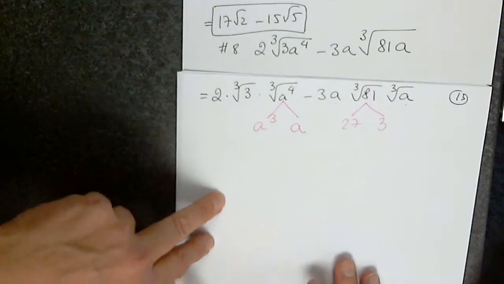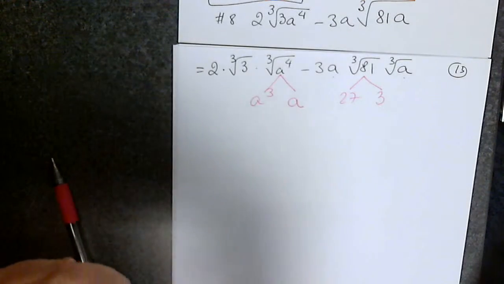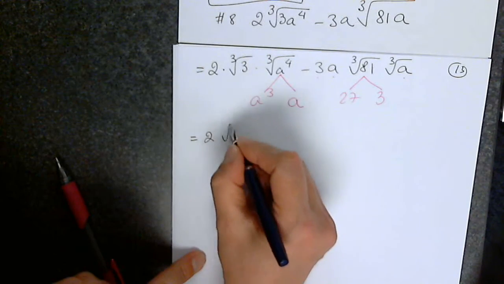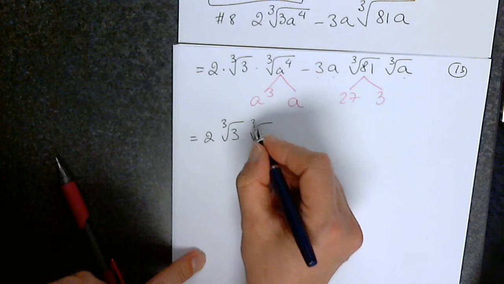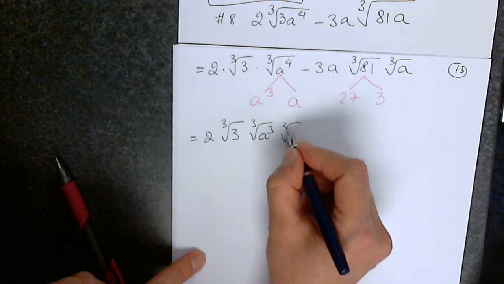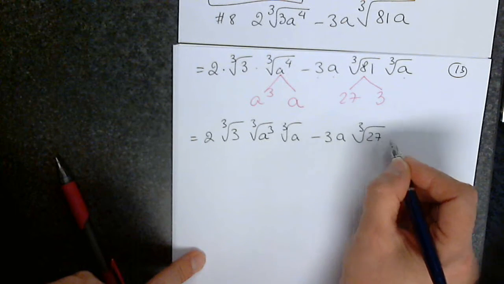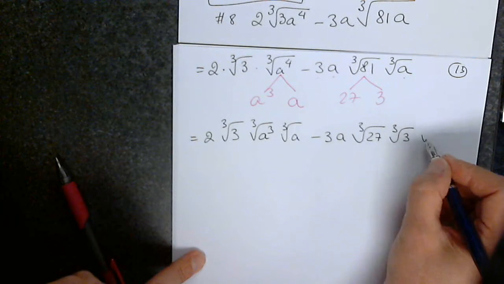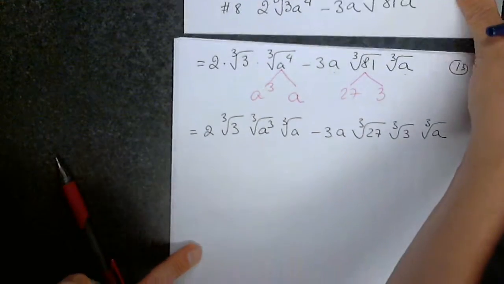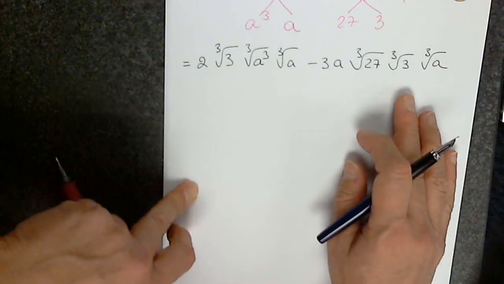27 and 3. Now I will rewrite and have 2, the cube root of 3, the cube root of a cubed, the cube root of a minus 3a, the cube root of 27, the cube root of 3, and the cube root of a. I write this for safety.